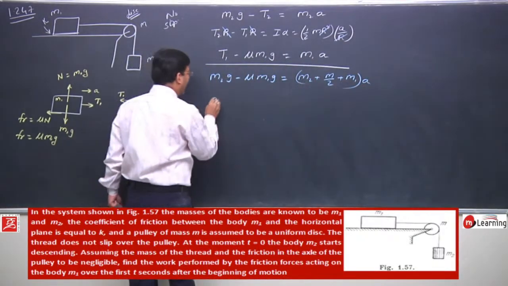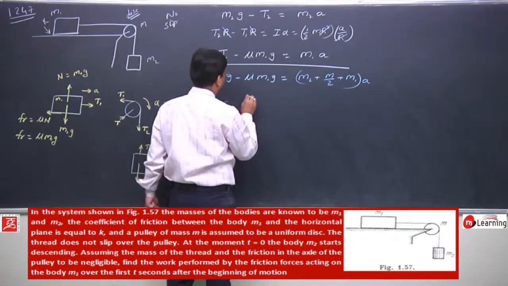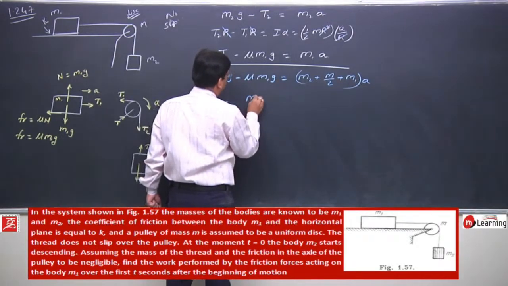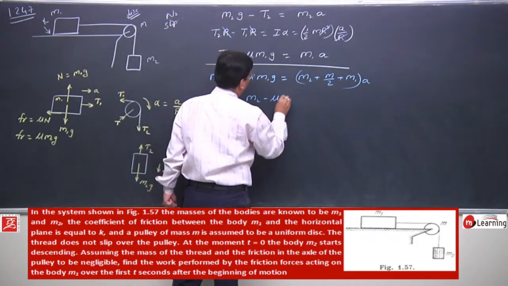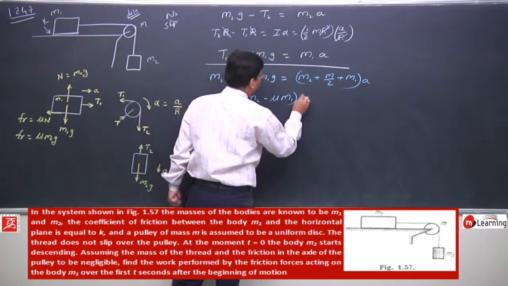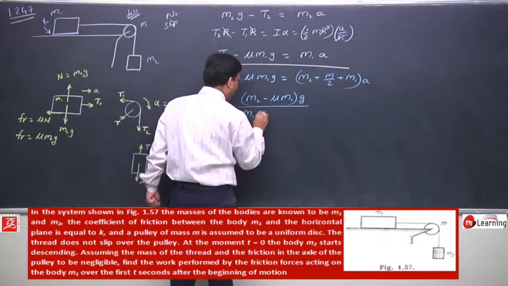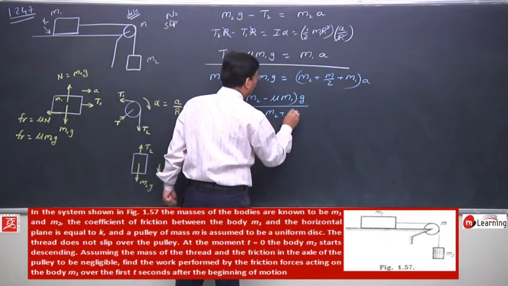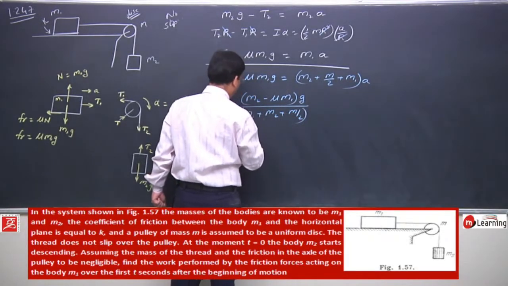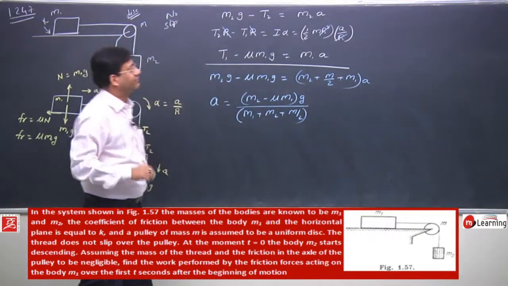And this would give us the acceleration of the system, m2 minus mu m1 into g upon m1 plus m2 plus m by 2. This is the acceleration of the system.